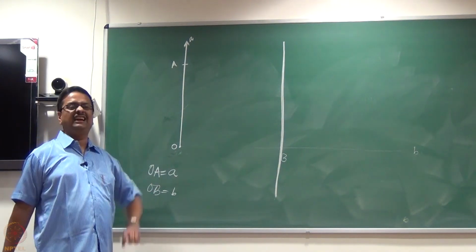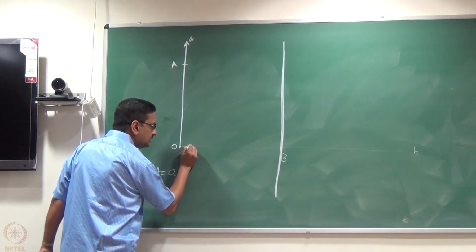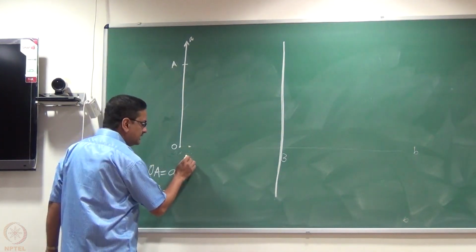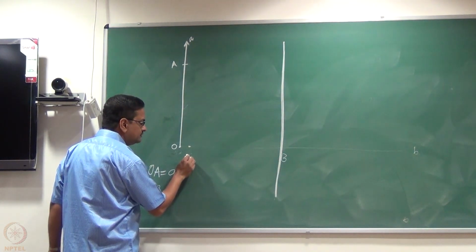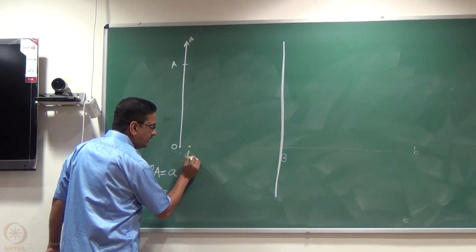Suppose that b is 10, then I chop it at a distance 1 by 10 and put this point. That is my reciprocal lattice point corresponding to d010.